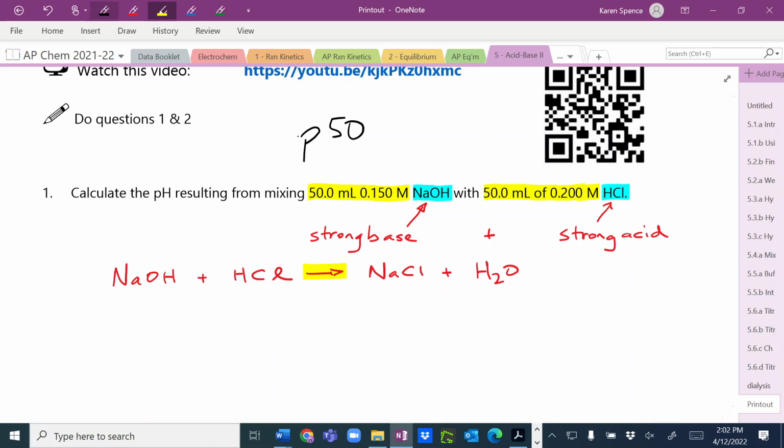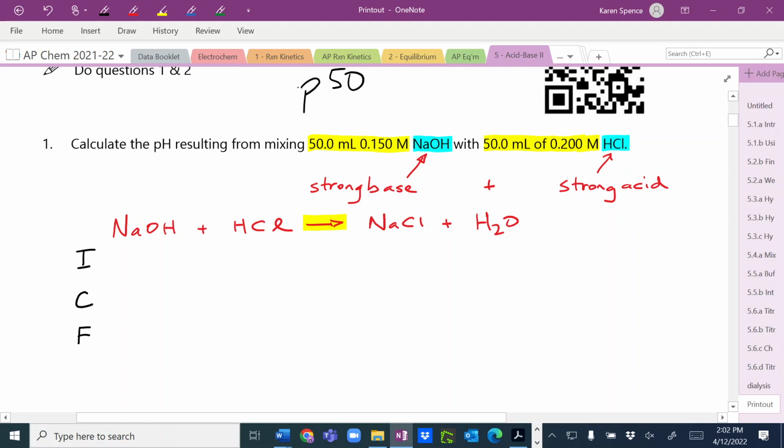So instead of ICE, we're going to do ICF. What do you imagine the F stands for? Final. And we're not going to do concentrations. We are going to do moles. Okay?